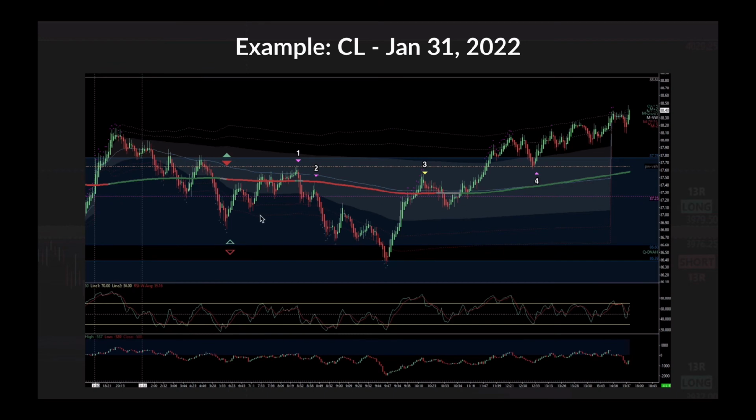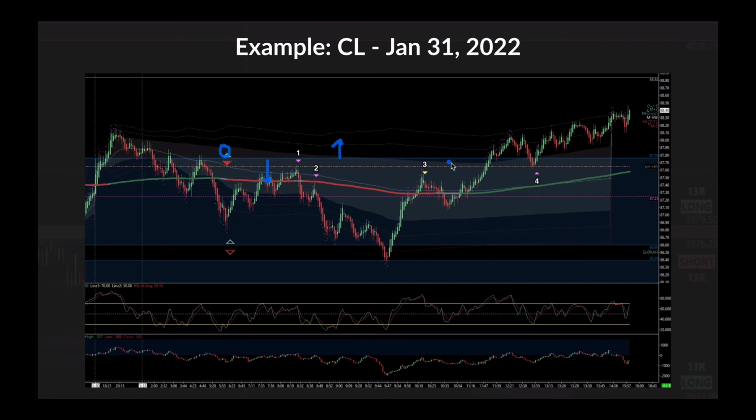Another example, back to crude oil. So here we have, rather than going back into VWAP area, this is where we're actually headed out of it. So I don't want to focus on the earlier stuff here, right? Our short here. I actually want to focus on the long, which is this here.